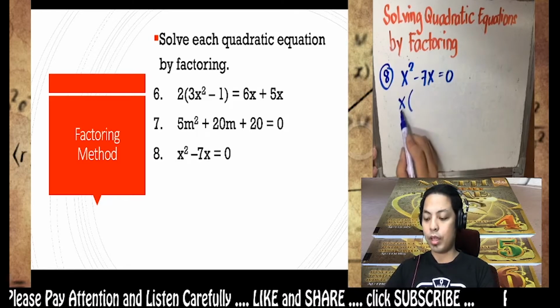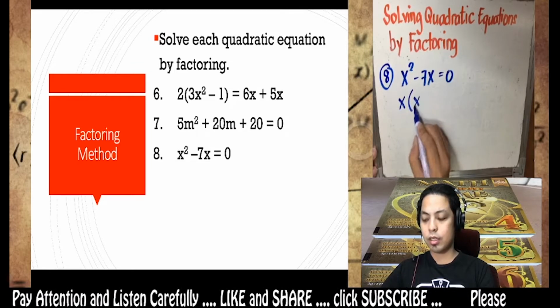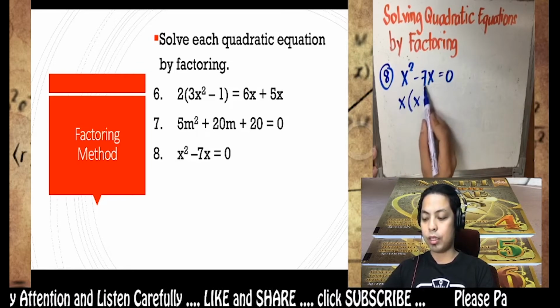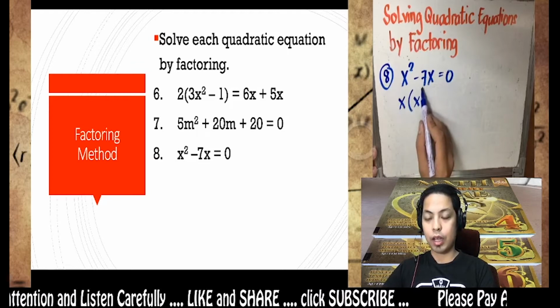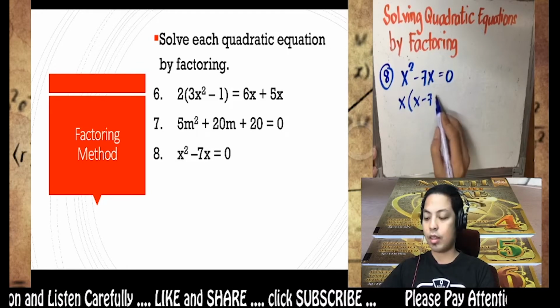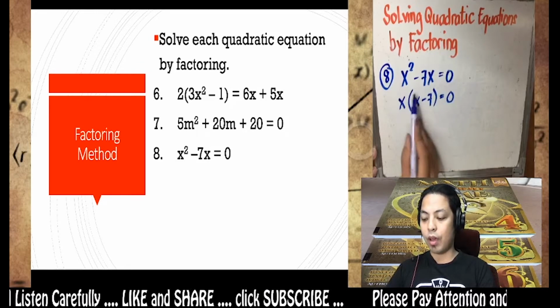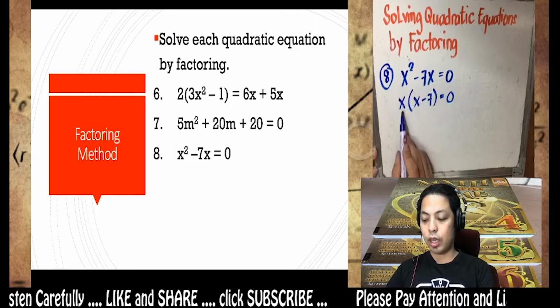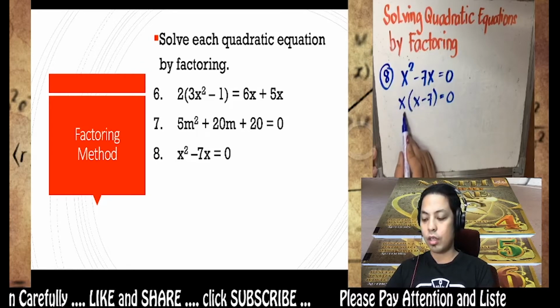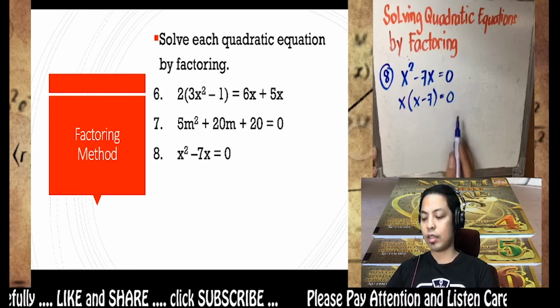will be multiplied. Ano ang multiply natin sa x para maging x squared? X. Ano ang multiply natin sa x para maging negative 7x? Negative 7 is equal to 0. By checking, we have to distribute x times x, x squared, x times negative 7, negative 7x. Okay.